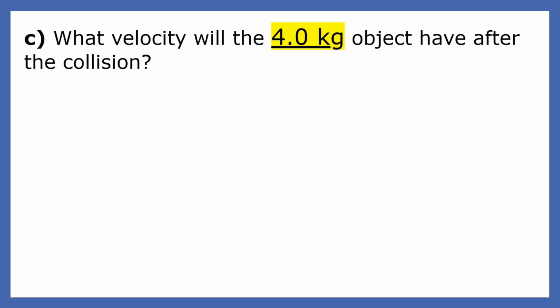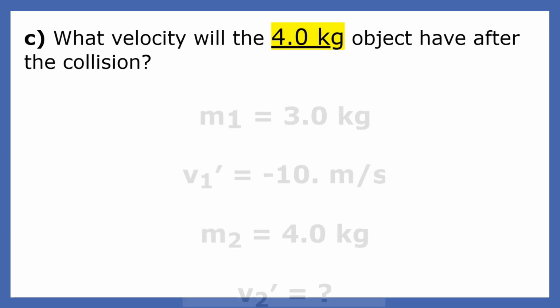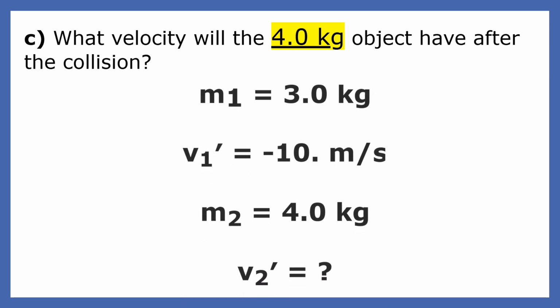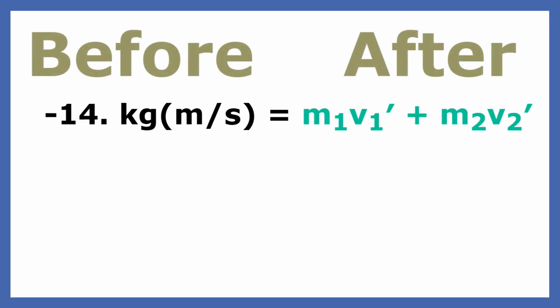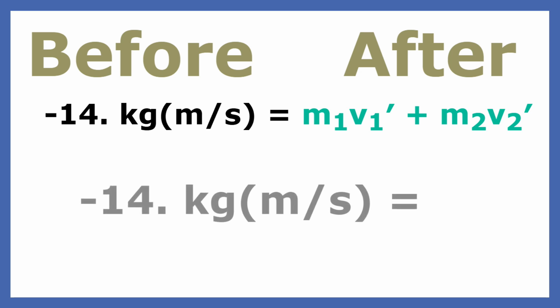Now, what will the velocity of the 4 kilogram object be after this collision? Well, what we do know about after the collision is that the total momentum after is negative 14, so we'll use the conservation of momentum. We can find the velocity of the 4 kilogram object by using the conservation of momentum.